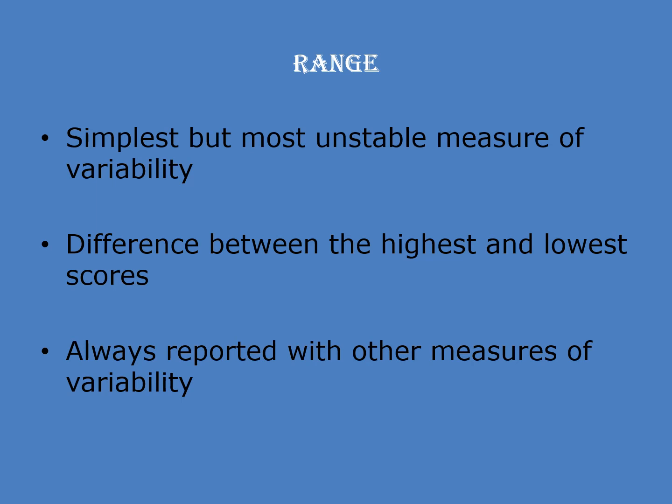It also is where investigators look to understand to what extent the variables are related, and also the difference between the highest and lowest scores in a given data set, and also the range is always reported with other measures of variability.